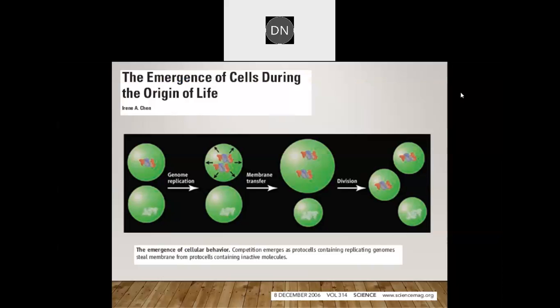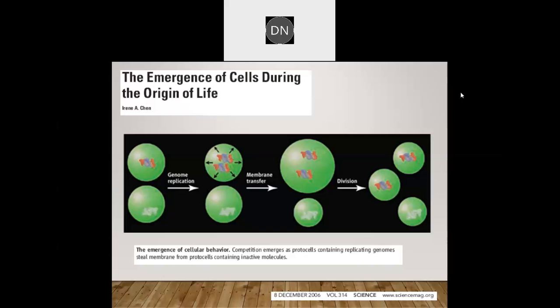The emergence of cells during the origin of life. It appears that life first emerged at least 3.8 billion years ago, approximately 750 million years after Earth was formed.